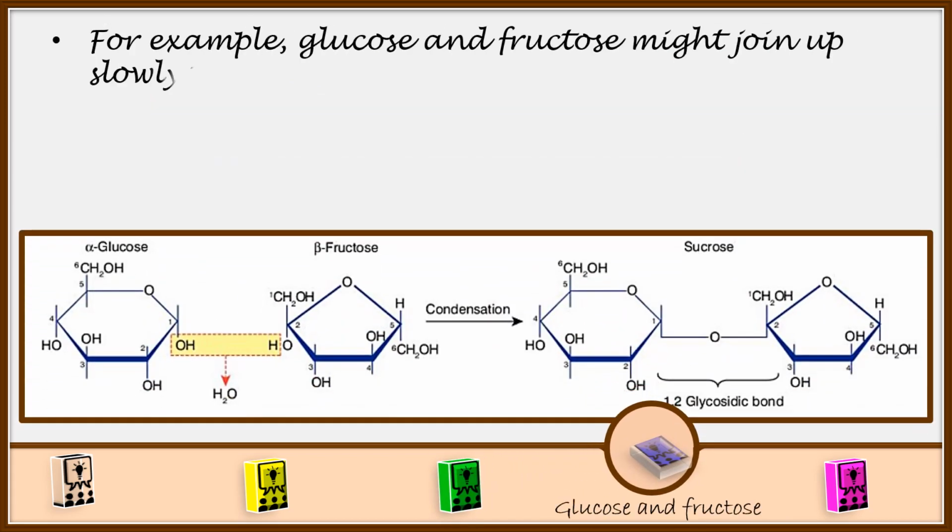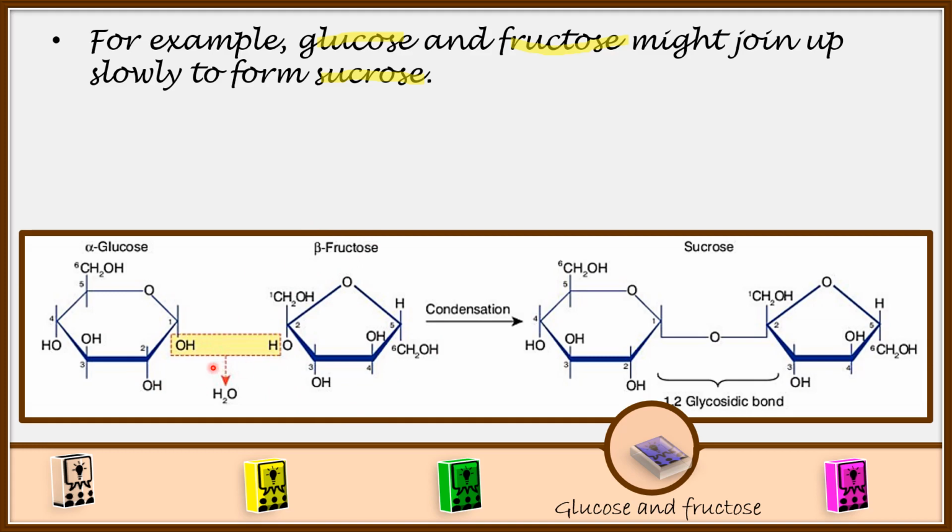For example, glucose and fructose might join up slowly to form sucrose. So here we have our alpha glucose, and we have beta fructose here.